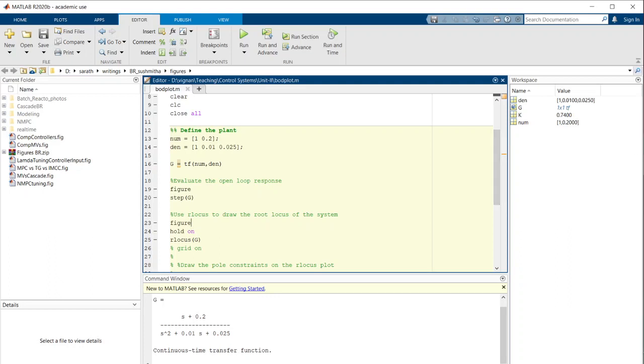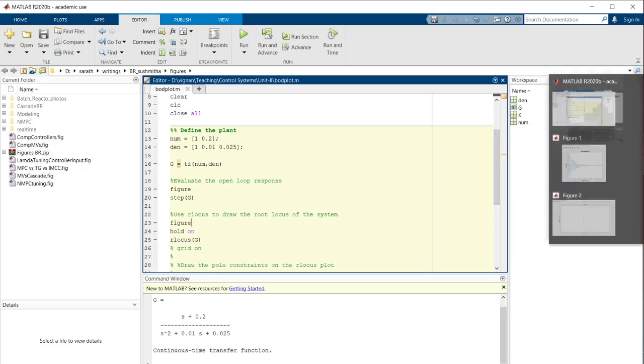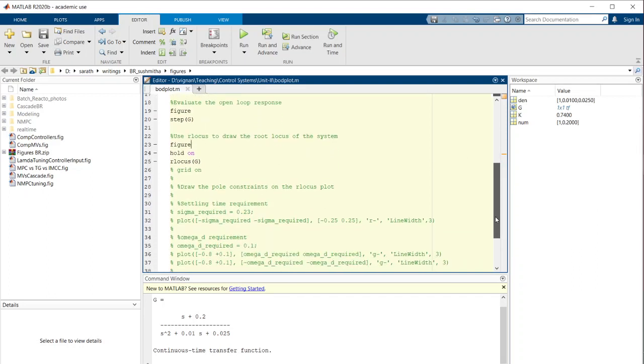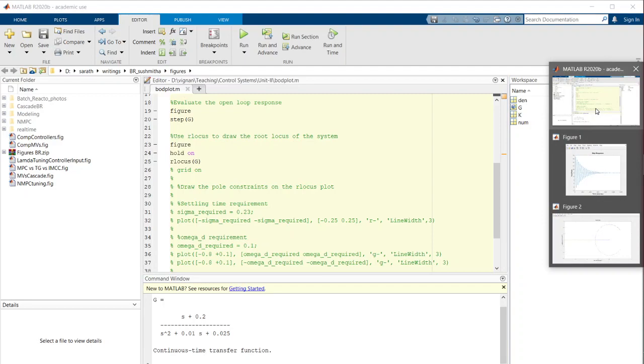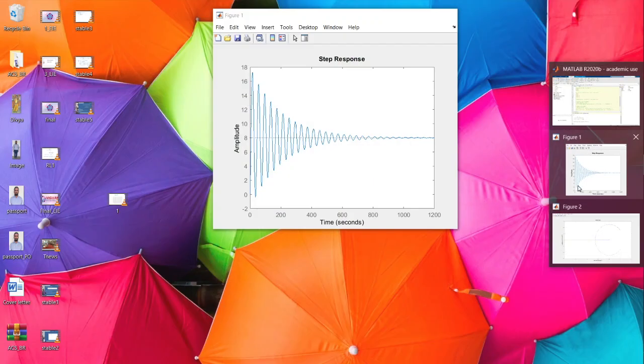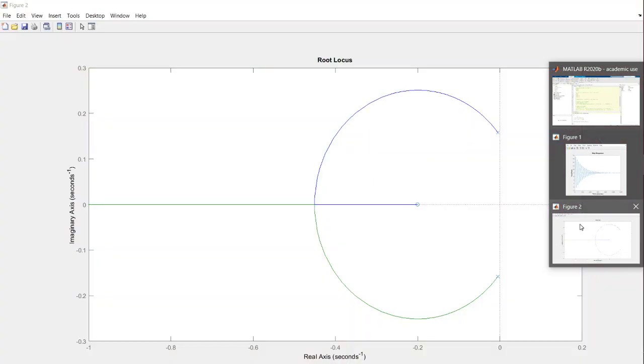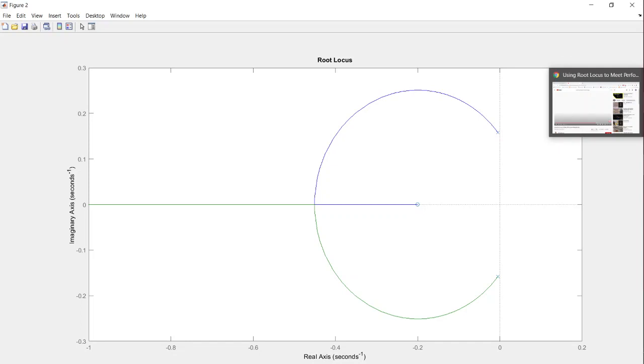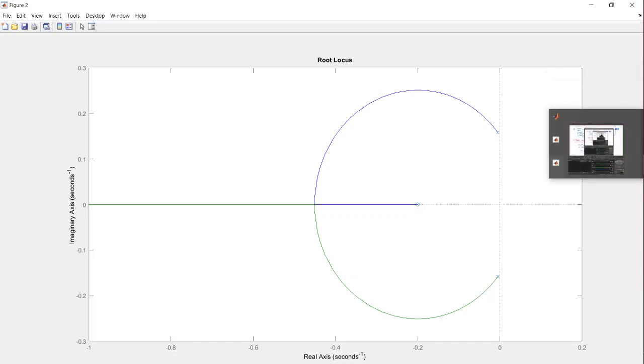And if you see the root locus, just a minute. Now what I'll do, I'll draw the specifications as per our specifications. I'll just show how the design specifications actually look in this root locus, as per the previous class.